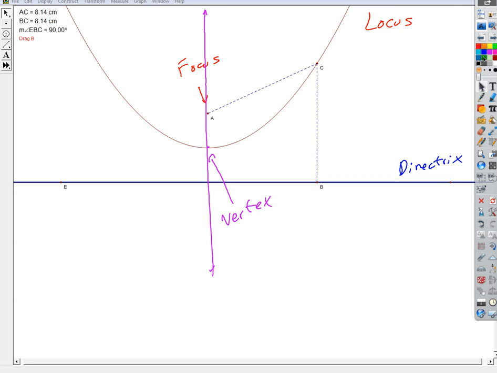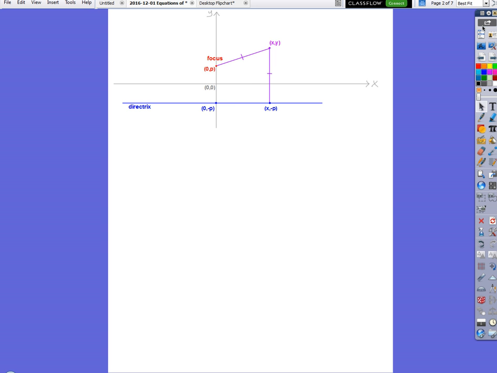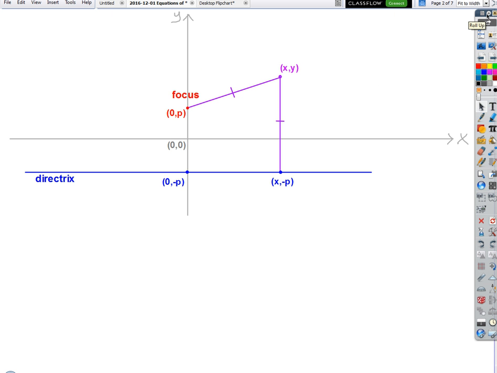So on our picture then, let the vertex, that one unique point on the parabola, sit to start with. Let's just put it in a convenient place. We'll put it right on the origin, right? And so then if we define this distance between the vertex and the focus, which is also going to be the distance between the vertex and the directrix, if we define that as P, that's going to be something that could vary, right?